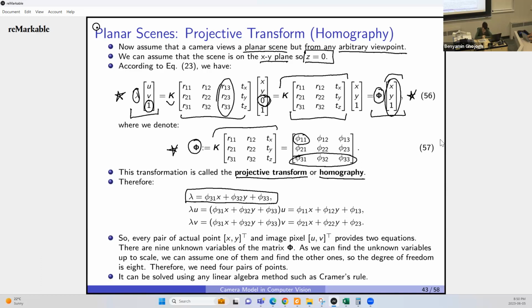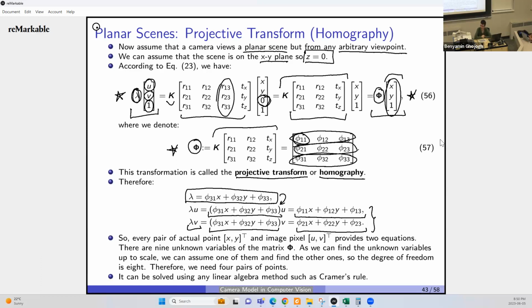Also, lambda times u becomes the first row times that, but I can replace lambda with what I had here. Again, for v, lambda times v equals the second row times this, and I can replace lambda with what I found. These are the two equations.